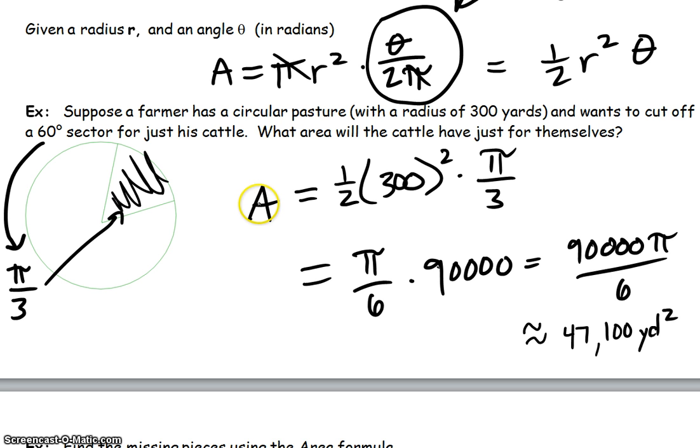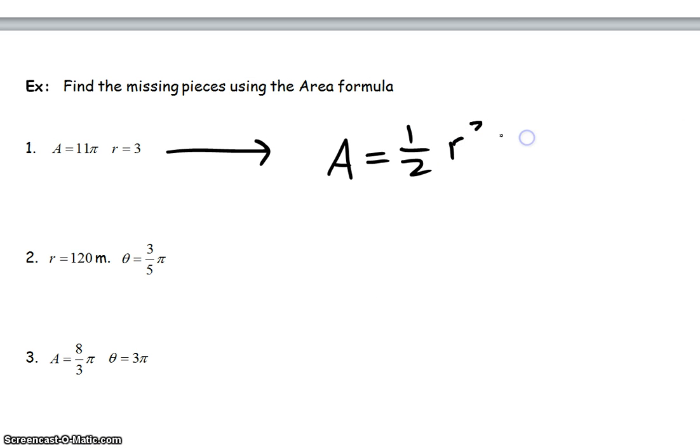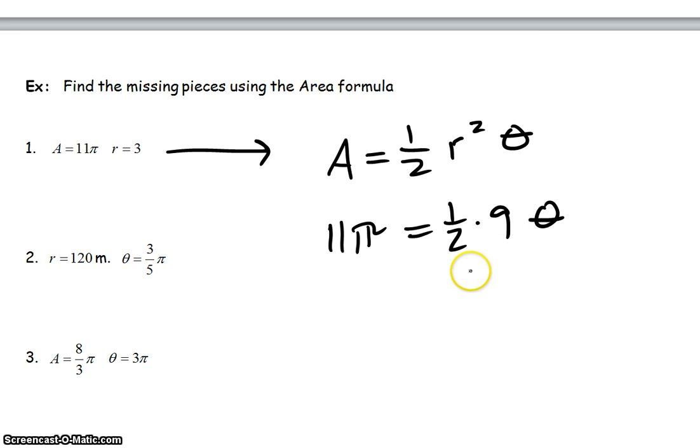Now, for these examples, it's a simple matter of looking at this and finding out what's needed or what's missing. So if your area is 11 pi and your radius is 3, you just have to solve for theta. So you take this and say, well, 11 pi equals 9 over 2 times theta.